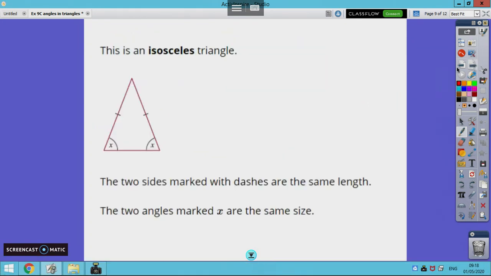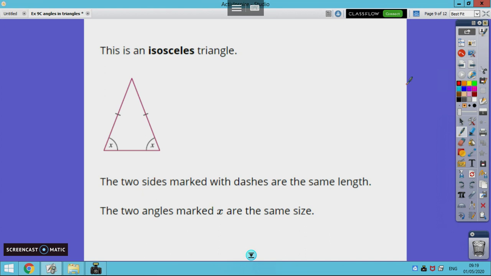So I did want to talk about this isosceles triangle a little bit more. You should have copied this into your notes or in your book, depending on what you've got, on Wednesday. Now, these isosceles triangles are so important to really understand. As the description says, the two sides that have a little dash are equal in length.